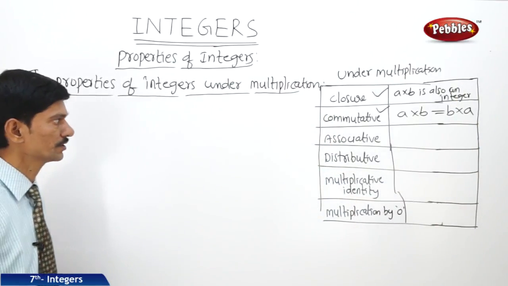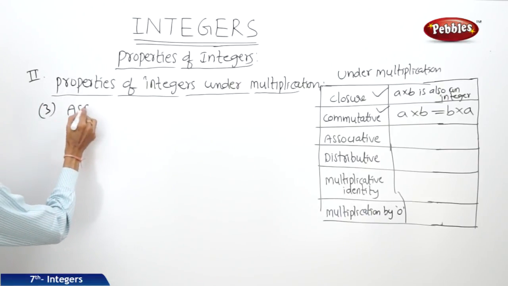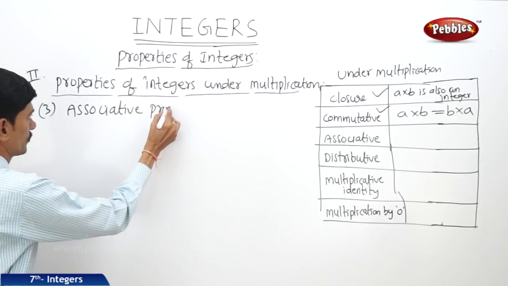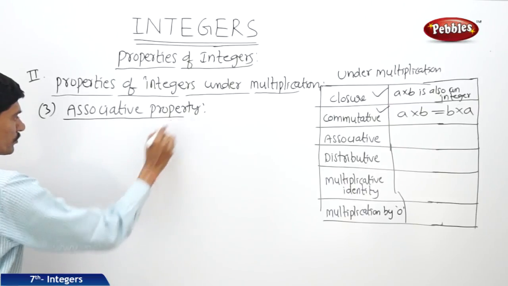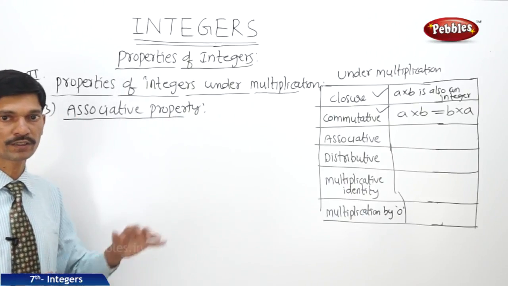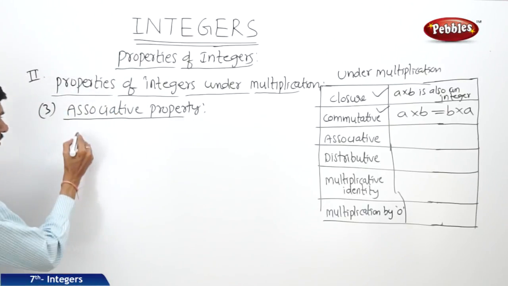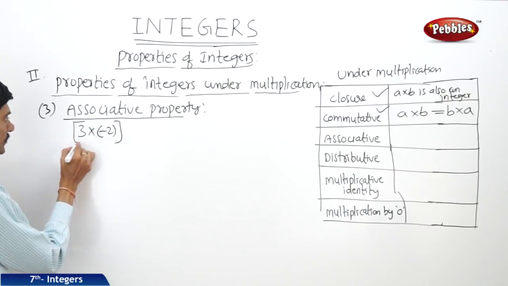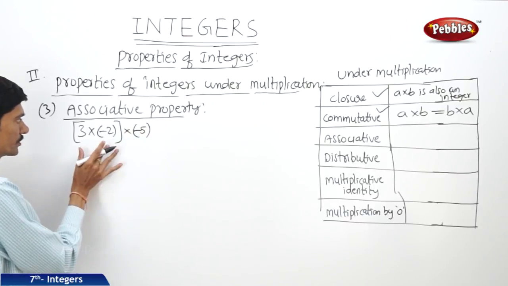Now let us see the third property, that is associative property. Under this associative property, we choose any three integers and multiply them by grouping any two integers. For example, 3 into minus 2, these two integers are multiplied, then minus 5 is multiplied by this product.